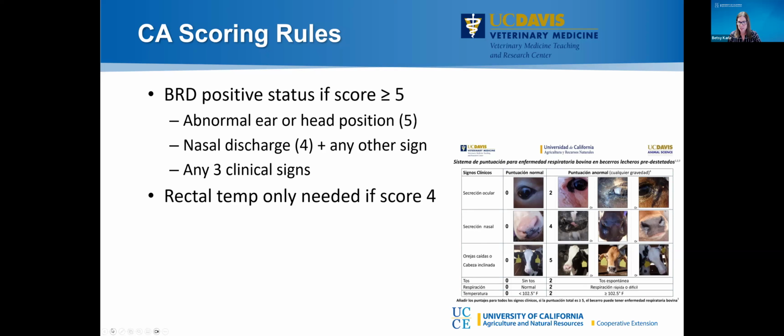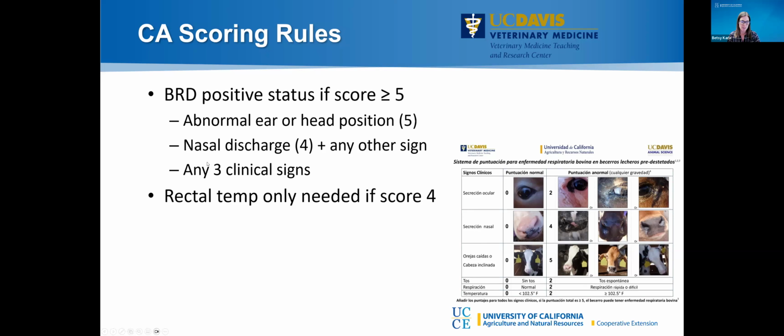The nice thing about this system is as we look at things like eye discharge and nasal discharge, it doesn't matter if it's pussy or green or crusty or any of those stratifications of the clinical sign. If it's present, they get a positive score.